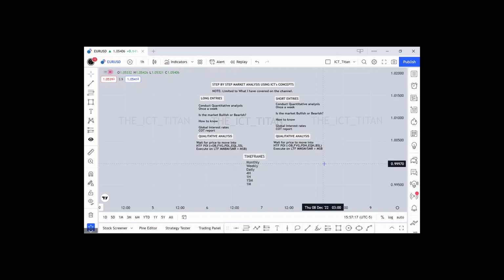I also want to assume that you have gone through the topics of order blocks and understood everything that pertains to order blocks, especially the mitigation block and breaker block. And I also assume that you have gone through the market maker model on the ICT YouTube channel.